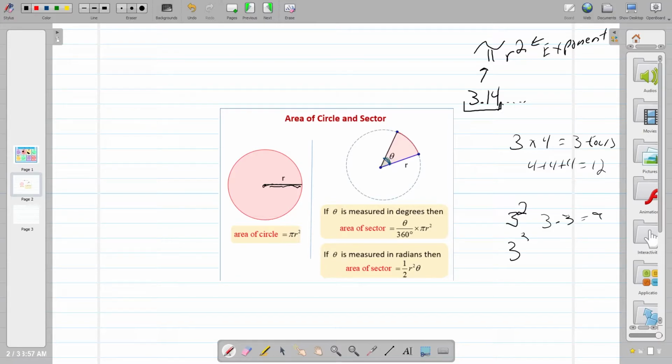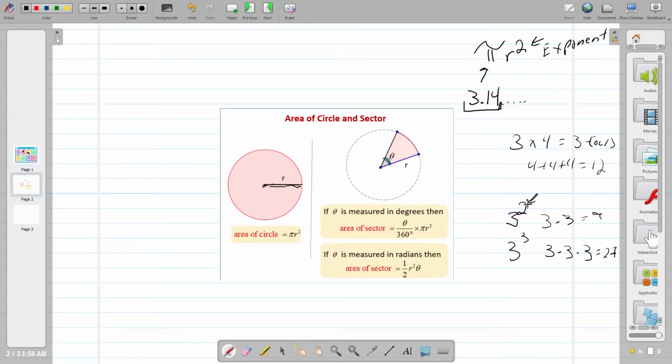Or 3 cubed would be 3 times 3 times 3. 3 times 3 is 9, times 3 is 27. And then, we could go even further, but I'm not going to, because then I'd have to multiply 27 by 3, and I don't want to. But you get the point.